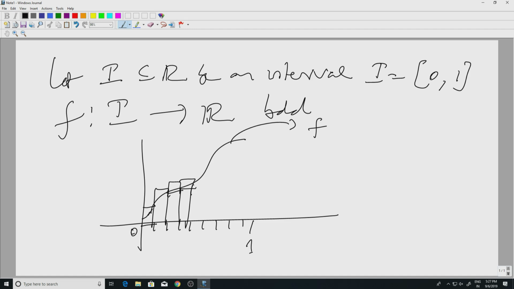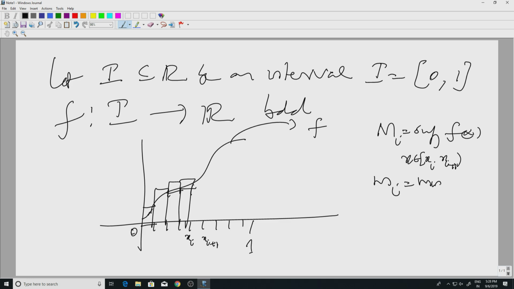So, let us say this is xi and this is xi plus 1. In the interval, let us say capital Mi is the supremum over x in [xi, xi plus 1] of f of x, and small mi is equal to the infimum of f of x in the same interval.